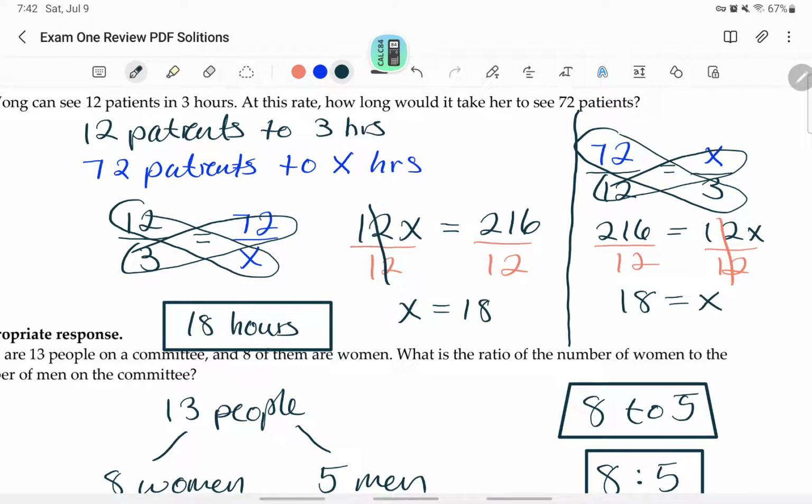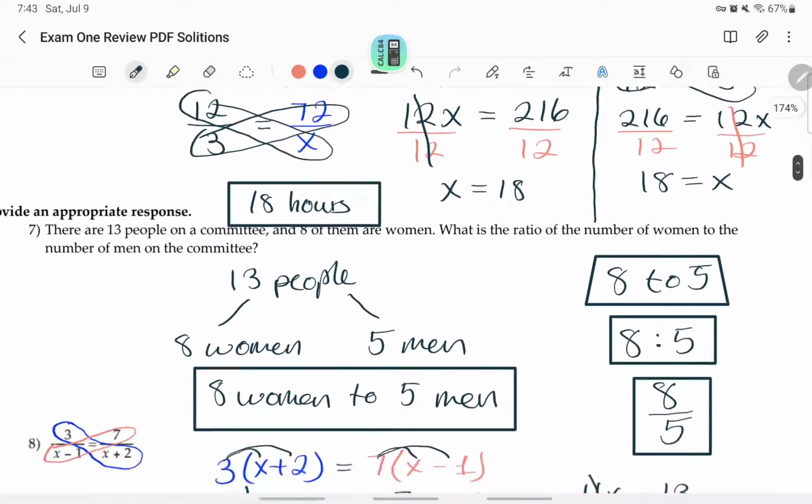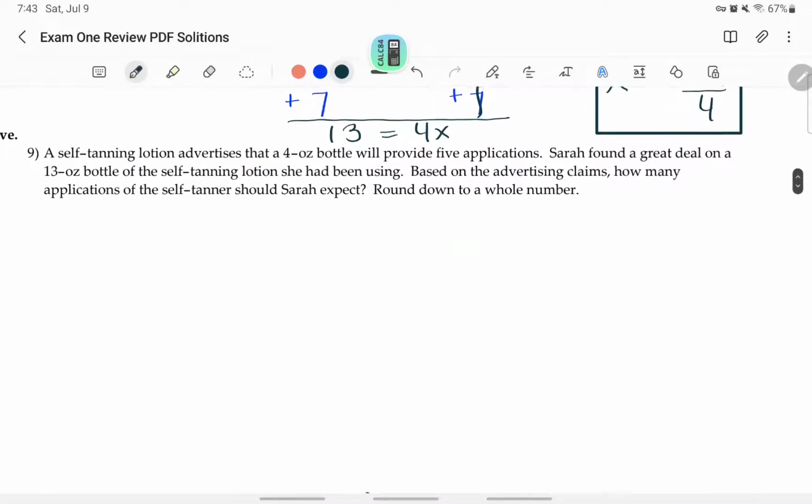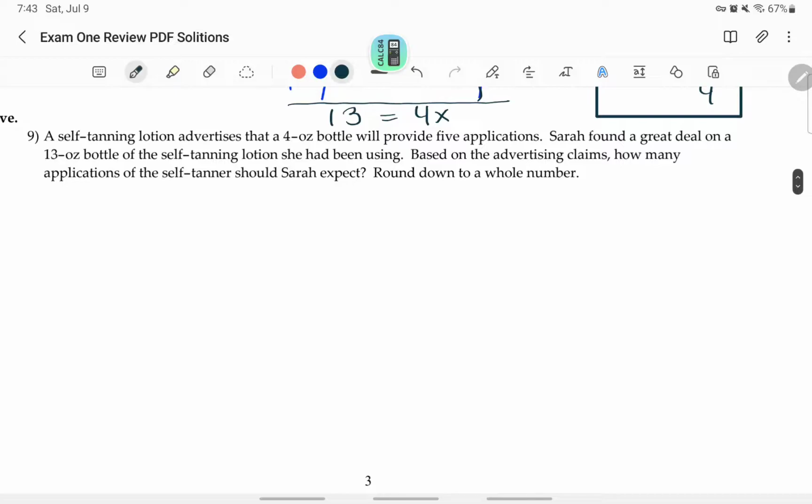All right, guys, let's go on to number 9. It says, a self-tanning lotion advertised that a 4-ounce bottle will provide 5 applications. Sarah found a great deal on a 13-ounce bottle of self-tanning lotion she has been using. Based on the advertisement claims, how many applications of the self-tanner should Sarah expect?